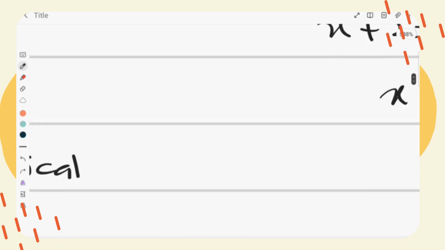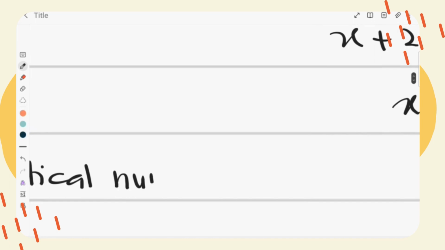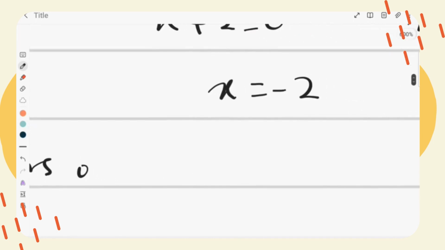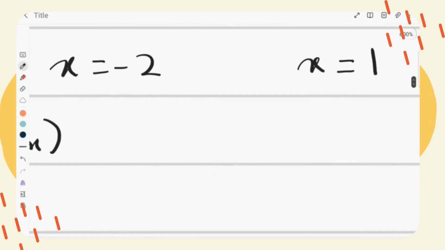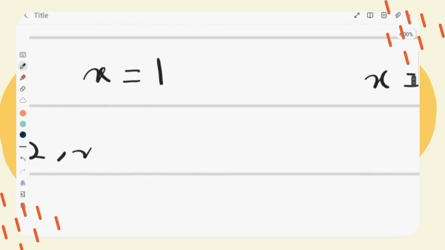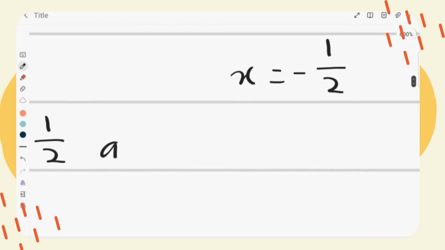So we conclude the critical numbers of the function f(x) are x equals negative 2, x equals negative 1 over 2, and x equals 1.